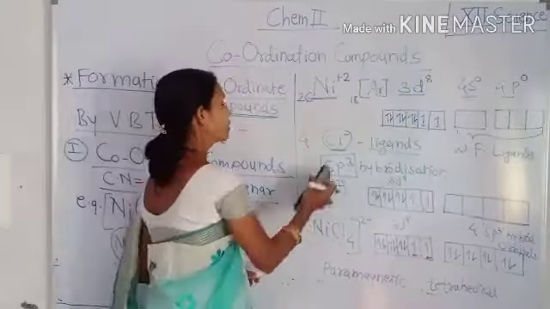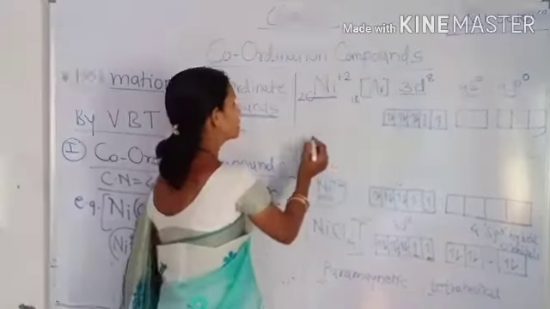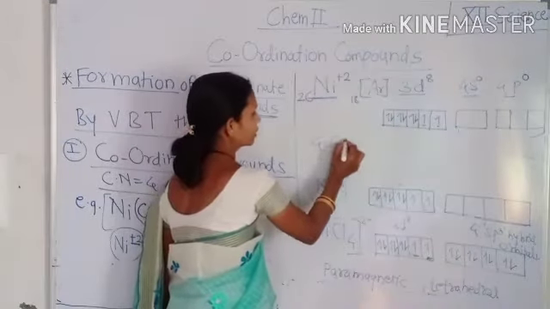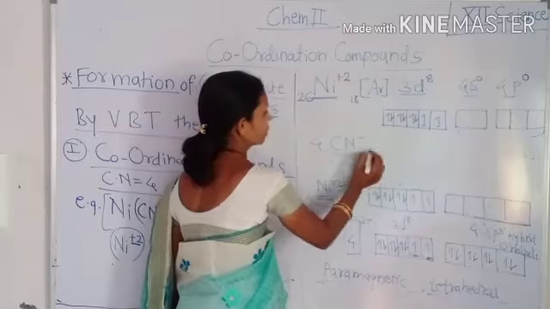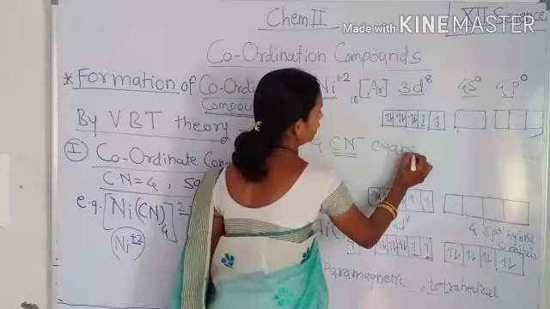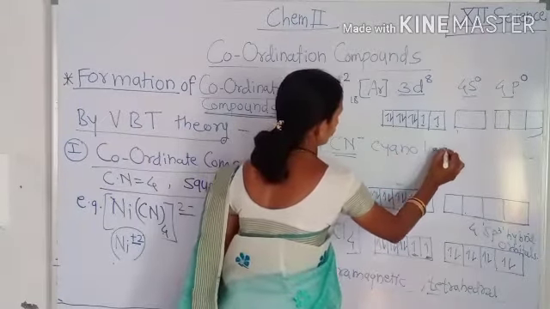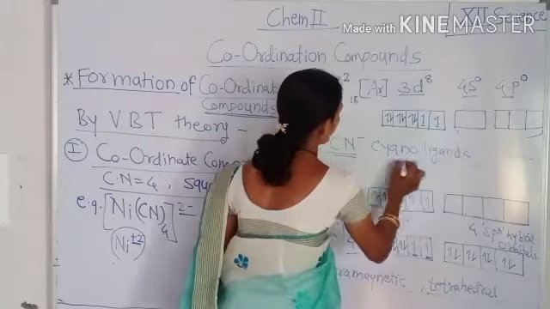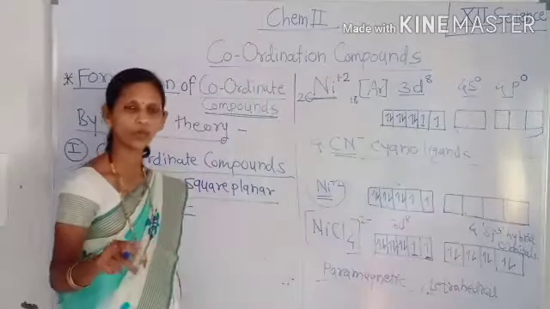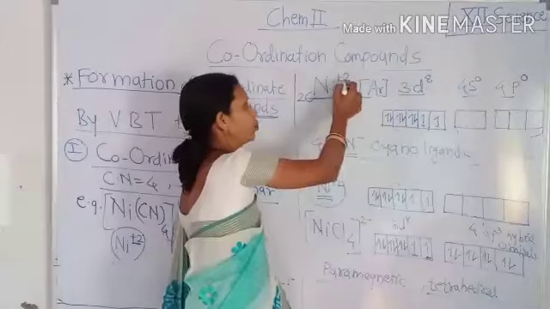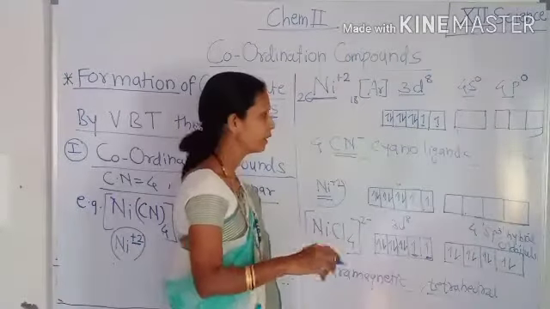Then here 4 cyano ligands are there, that is 4 CN- ligands, which form the coordinate bond with Ni2+ in this complex.